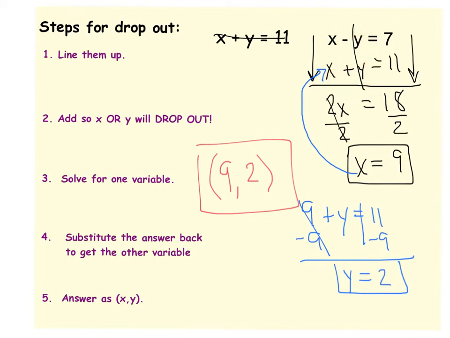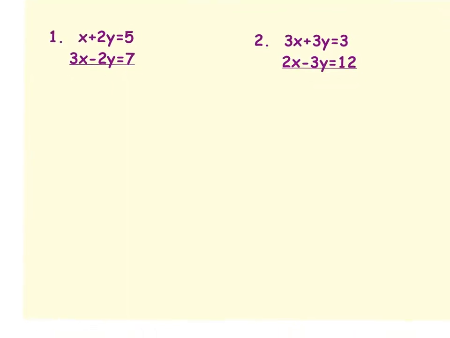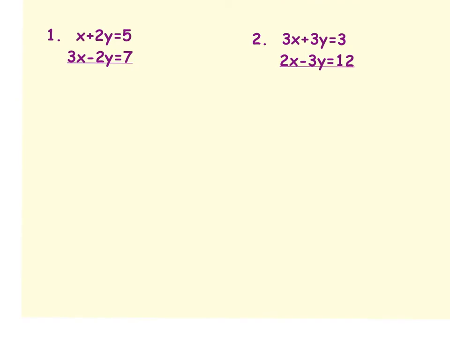Then just add straight down. X and x made 2x. These canceled. 7 and 11 made 18. And then just solve for that variable. Once you get that variable, substitute it back into the equation, and then solve for the other variable. Okay, let's get a little bit more practice, and let's try the first problem on the next page.